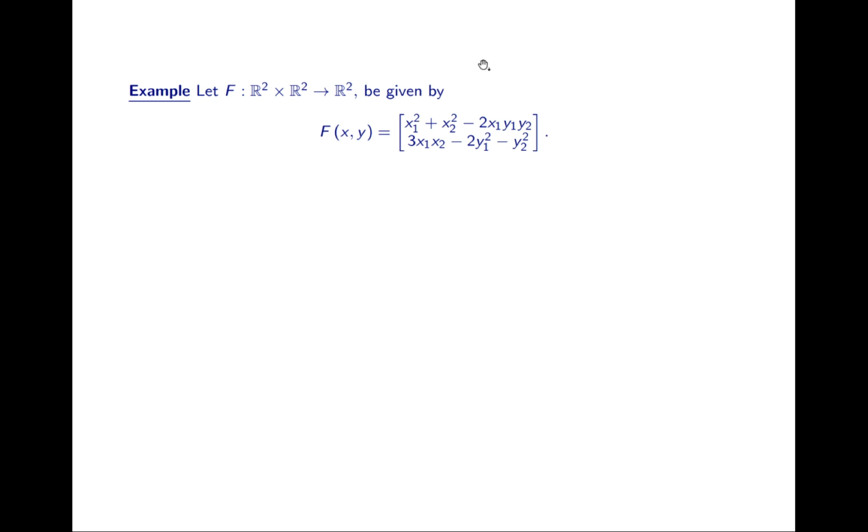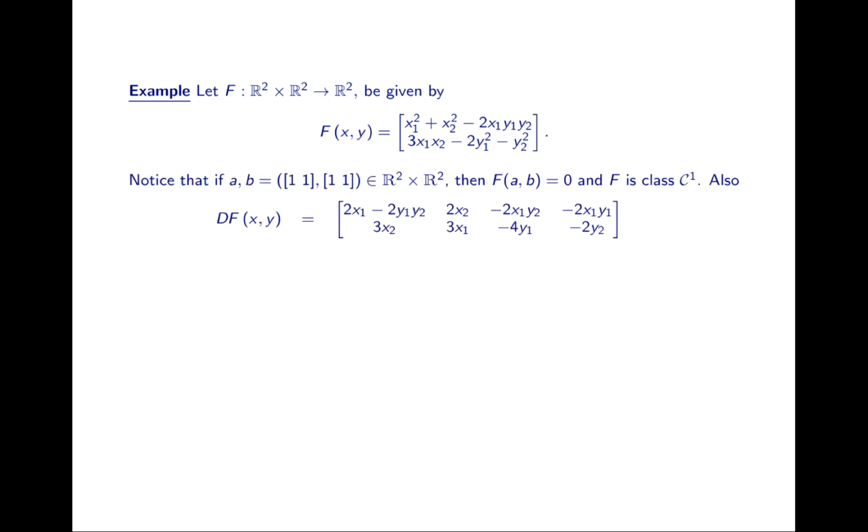If I consider all ordered pairs x and y such that f of x comma y is equal to 0, does that give me a class C1 function map from x to the y defined by x? So let's consider a point. Let's consider the ordered pair of vectors 1, 1 and 1, 1.